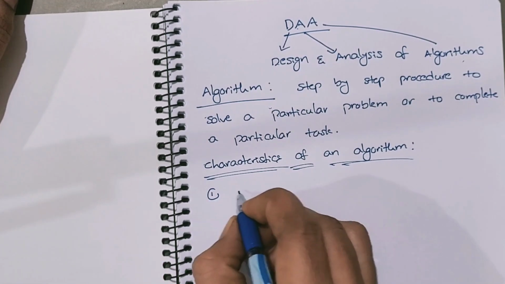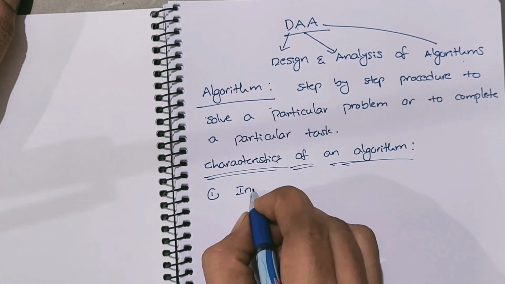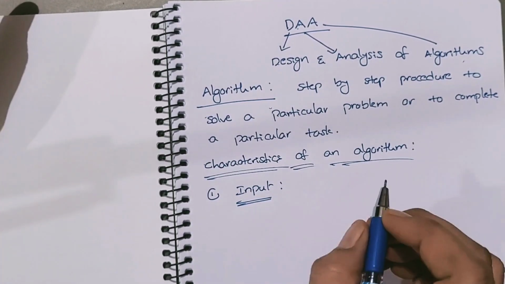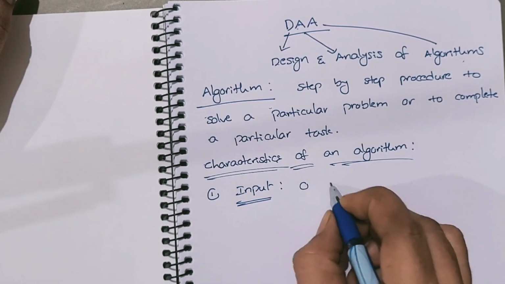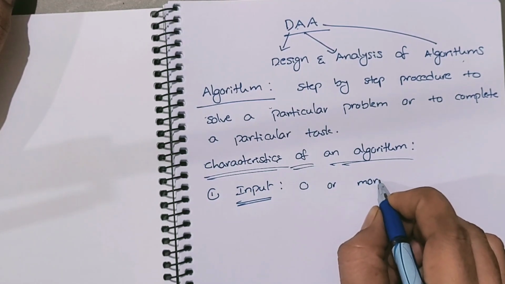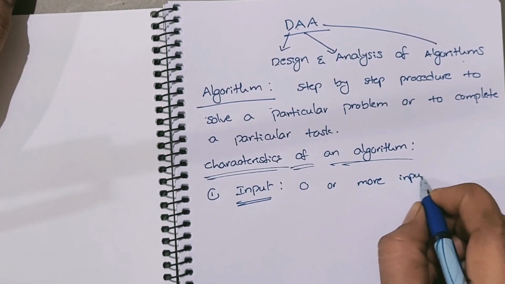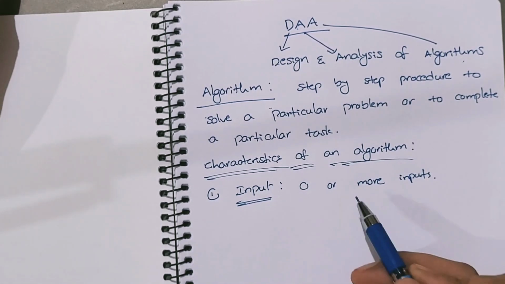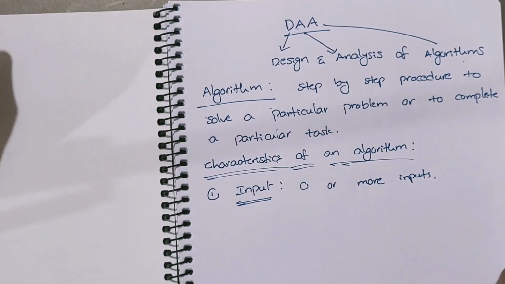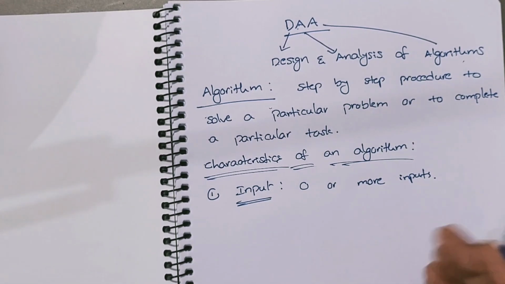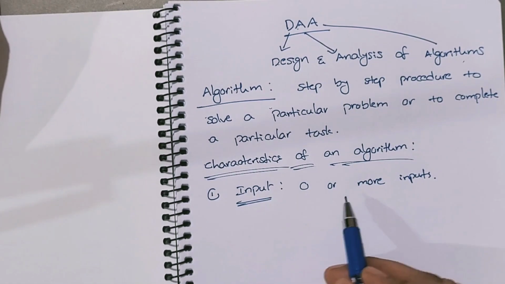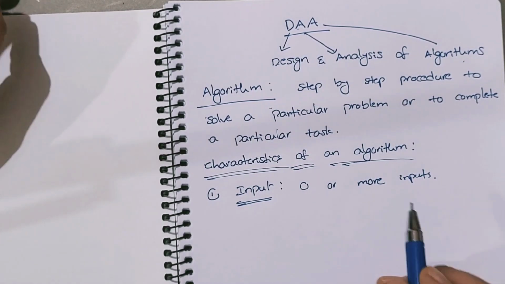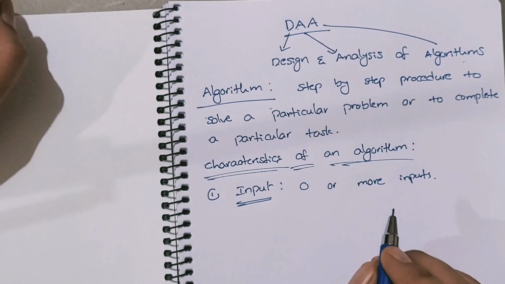The first one is input. Input means an algorithm should take 0 or more inputs. It may contain 0 inputs, 1 input, 2 inputs, any number of inputs. But whatever the inputs you are taking, you have to define them clearly.